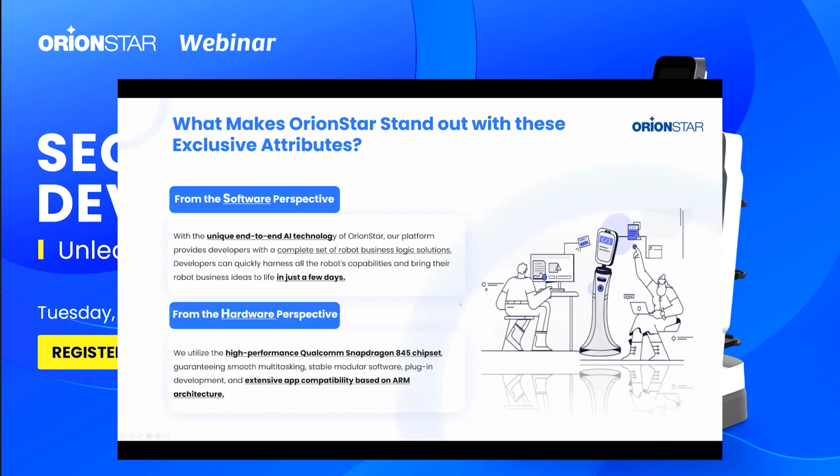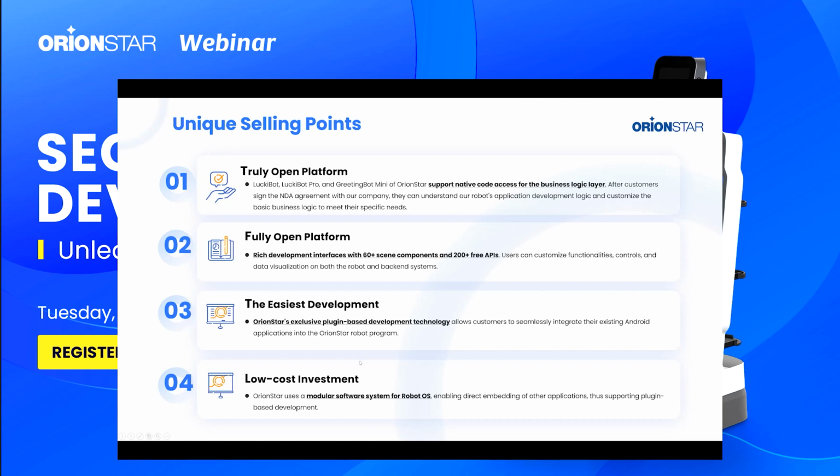And last, it is a low-cost investment. OrionStar uses a modular software system for the robot OS, enabling direct embedding of other applications, thus supporting plugin-based development as well. So it's fast, it's low cost, and it's a fully open source platform.